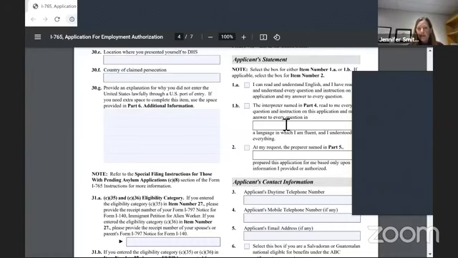So en esta parte es lo mismo del otro formulario. Necesita escoger si usted entiende inglés y lee inglés. Si no, necesita poner la información sobre la persona que ayuda con interpretación aquí. Y en pregunta 2, piden si usó una persona para preparar su formulario.